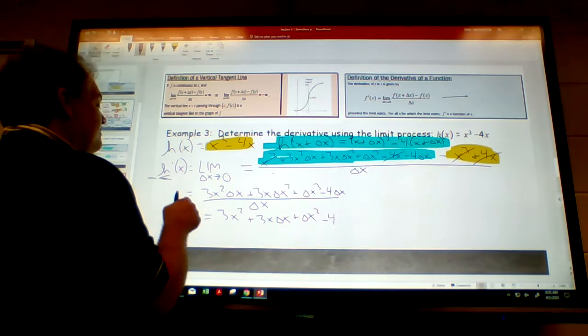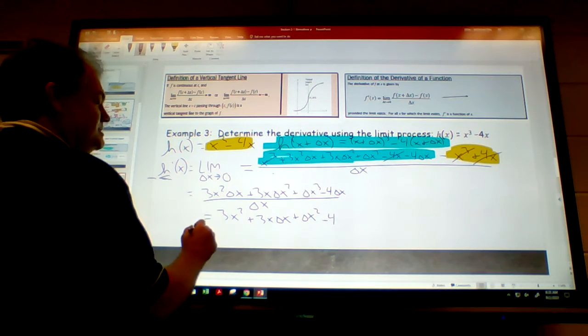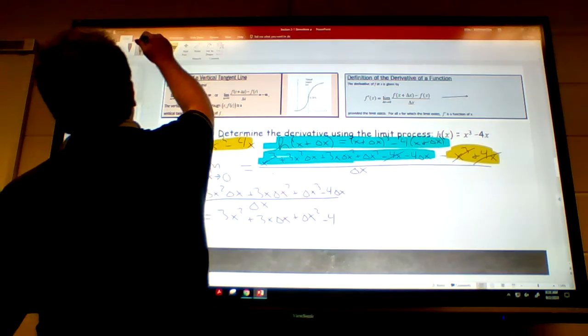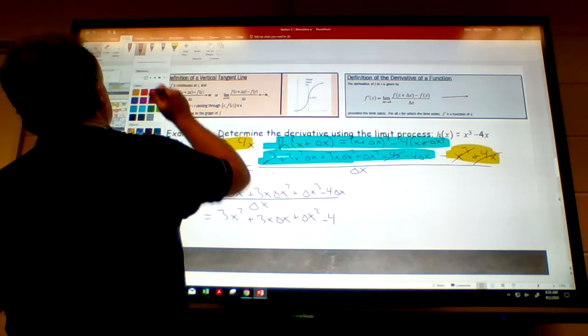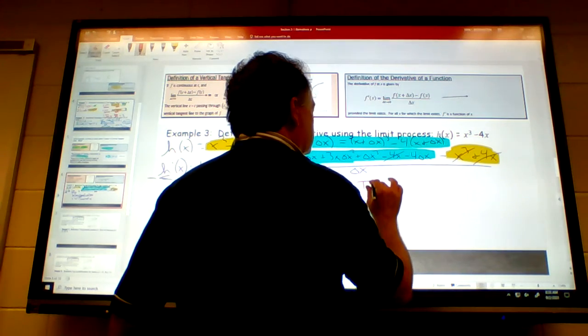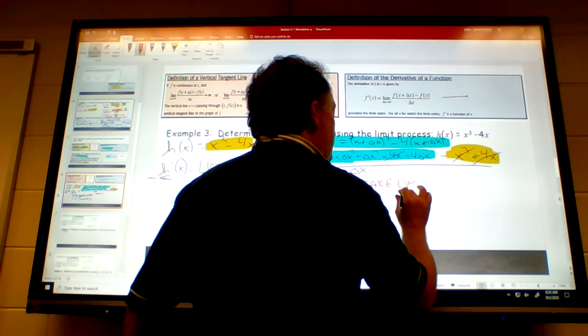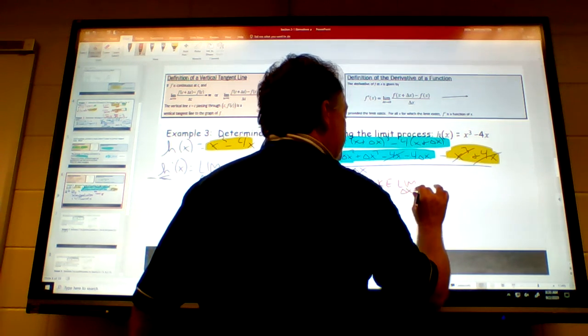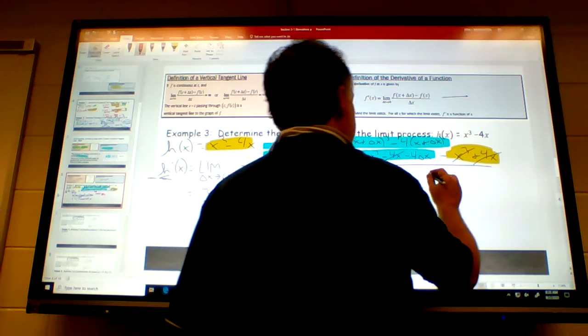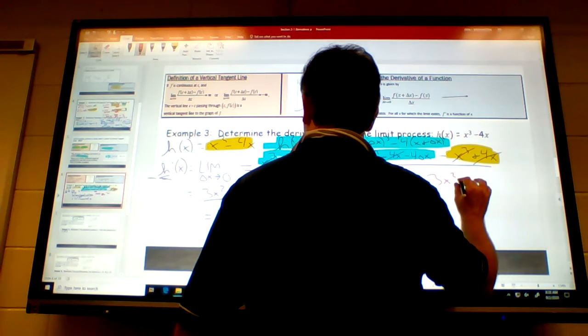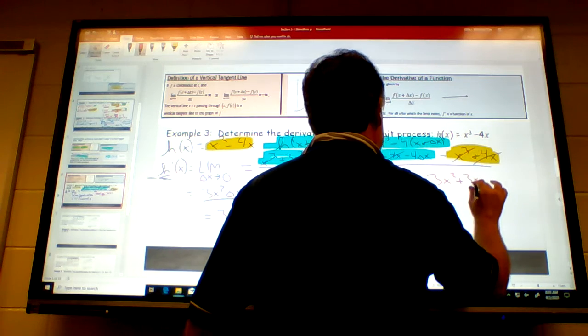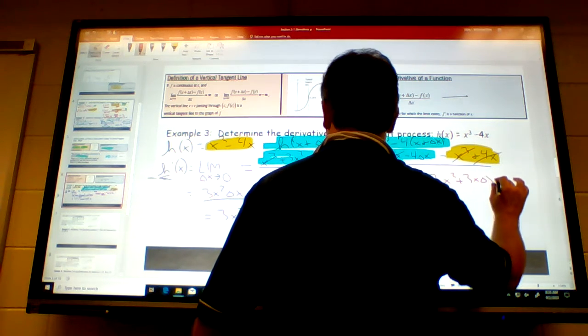All right. Now, if we take the limit of this as delta x approaches 0 of what's left, 3x squared. And I'm going to move out of the way in just a moment so you can see it. I apologize, but I'm trying to get this written for you.